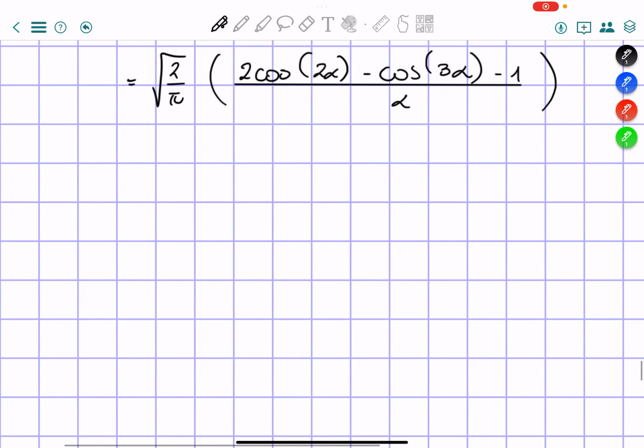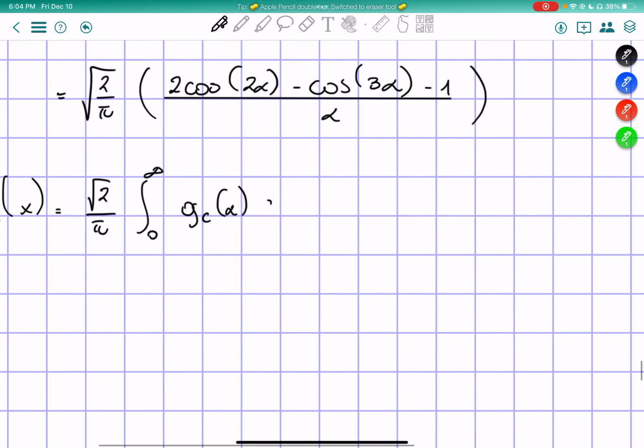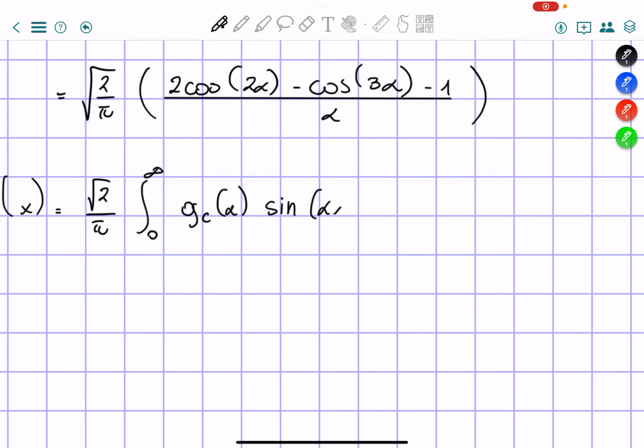So f_s of x is then going to be equal to the square root of 2 over pi integral from 0 to infinity of g_s of alpha, not cosine, in this case we're talking about sine, so sine of alpha x d alpha.